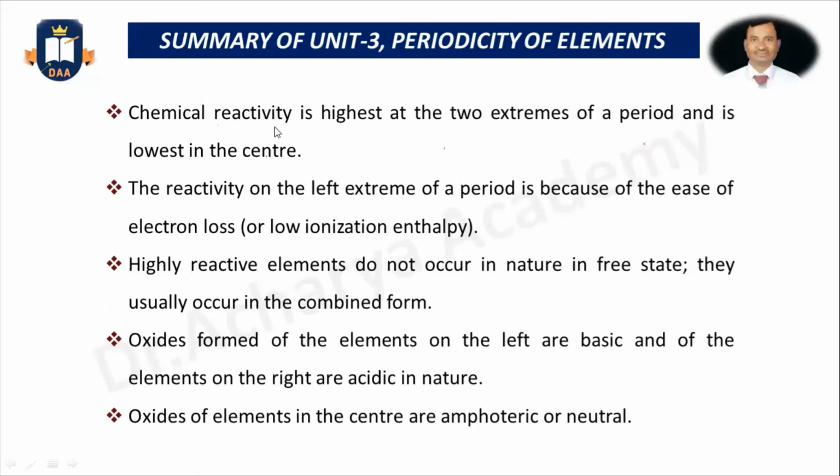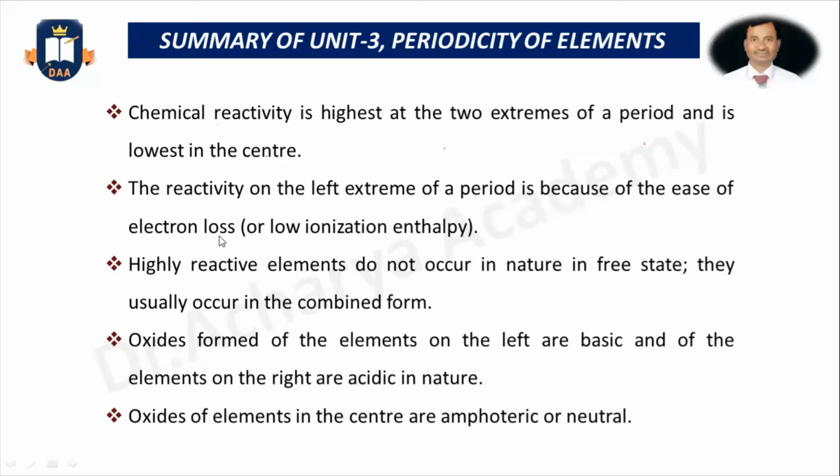Chemical reactivity is highest at the two extremes of a period, that means the extreme left side and extreme right side, and is lowest in the center. The reactivity on the left extreme of a period is because of the ease of electron loss.